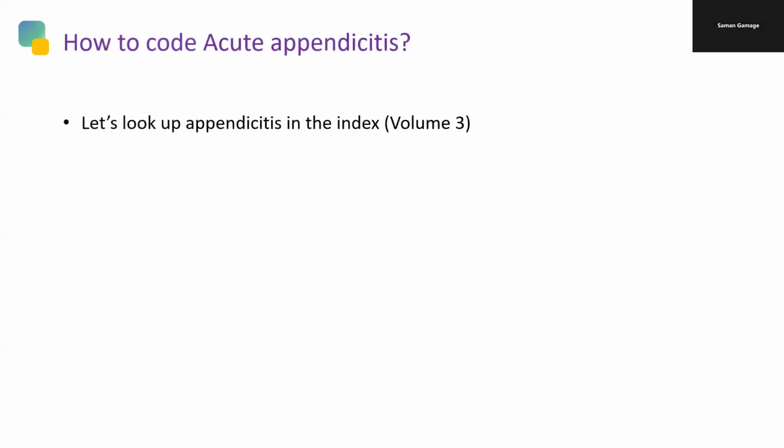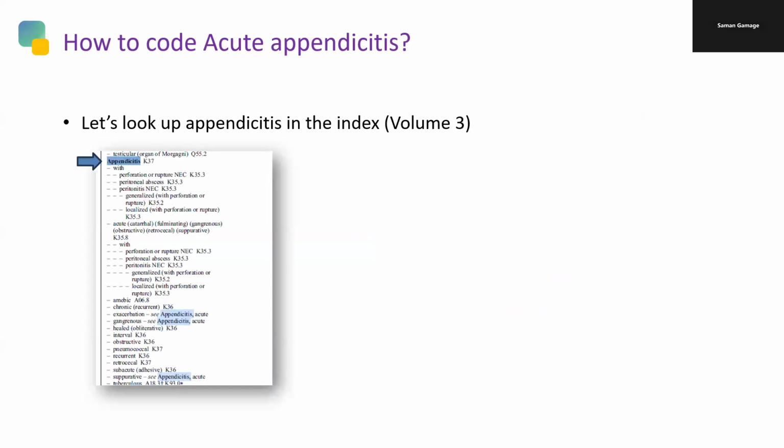Let's do another example. How to code acute appendicitis. Very simple and very common diagnosis in extremes of age, in children and in the elderly. Let's look up appendicitis in volume 3. Appendicitis is here.